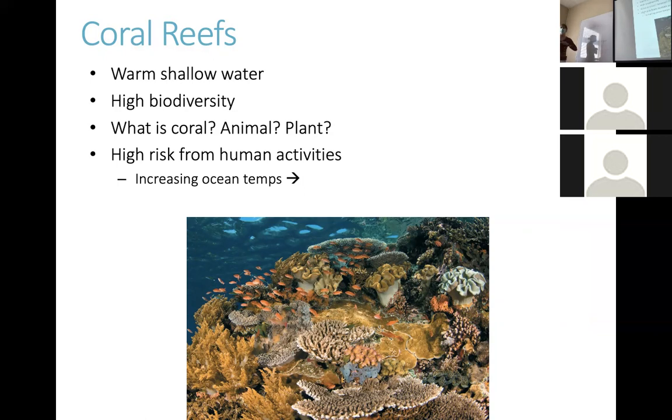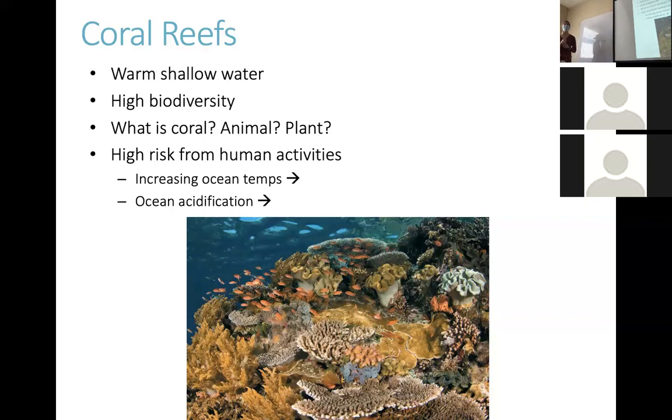So as the oceans warm due to climate change, we're killing the algae. That means the animals don't get the nutrition that they would normally get from the photosynthesis of the algae. And then the CaCO3 is affected as well.